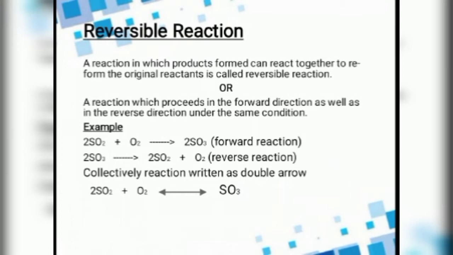As we see in the example, sulfur dioxide is going to react with oxygen. It will form sulfur trioxide. This is the example of forward reaction. And also, in the next, the molecule of sulfur trioxide decomposes to form back sulfur dioxide and oxygen. Collectively, this reversible reaction is written with a double arrow.